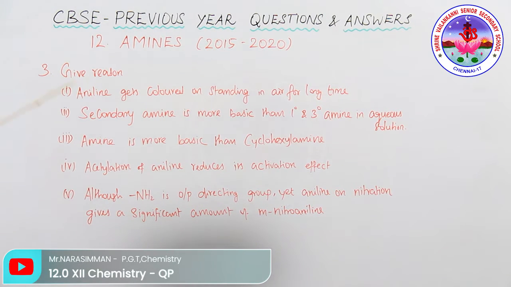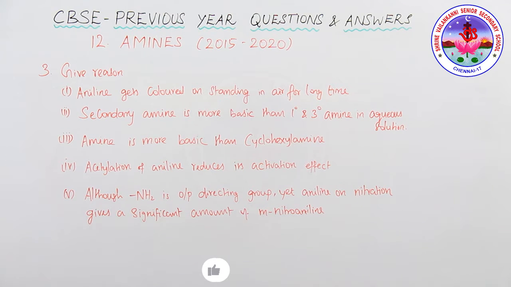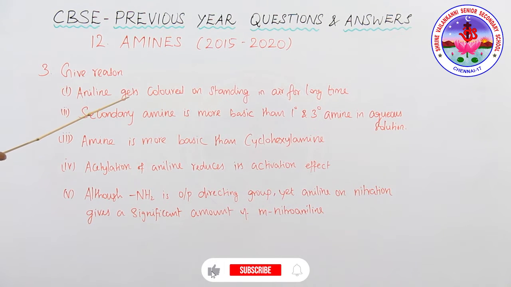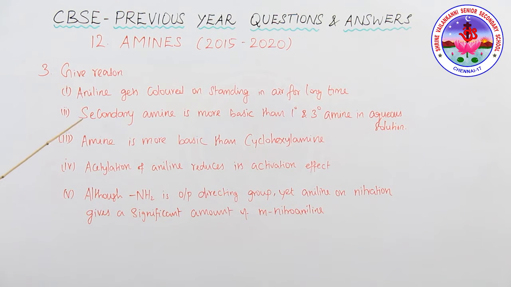Give reason for the following questions. The first question is, aniline gets colored on standing in air for a long time. Why? The second question is, secondary amine is more basic than primary and tertiary amine in aqueous solution. Why? Give reason.